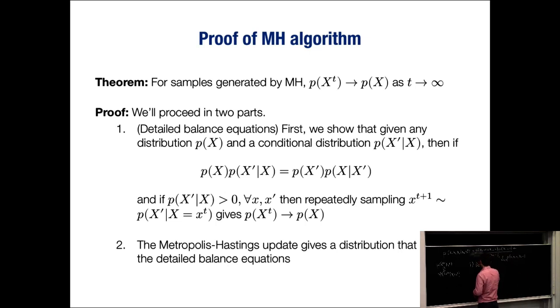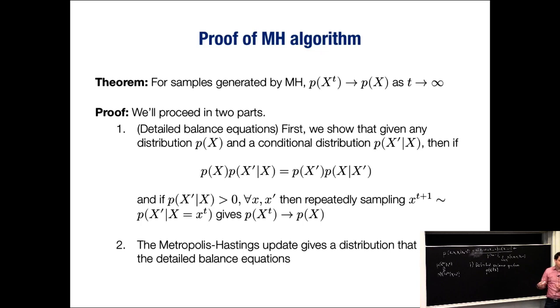This is a general statement about a sufficient condition on p of x prime given xt, a condition on this distribution such that when you iterate it, p of xt will go to p of x, where p of xt is iteratively sampled according to this thing.